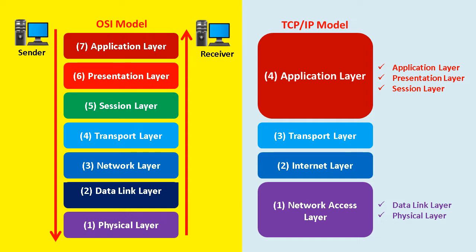The OSI model consists of 7 layers, and each layer is connected to the others. The data moves down the OSI model, and each layer adds additional information. The data moves down until it reaches the last layer of the OSI model.